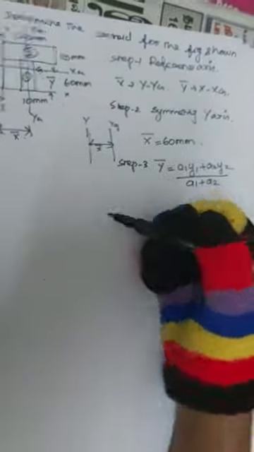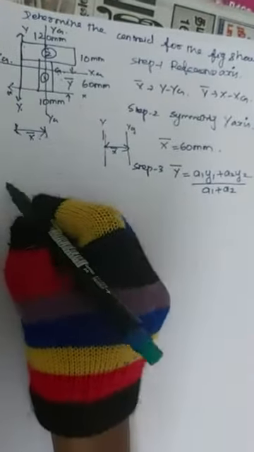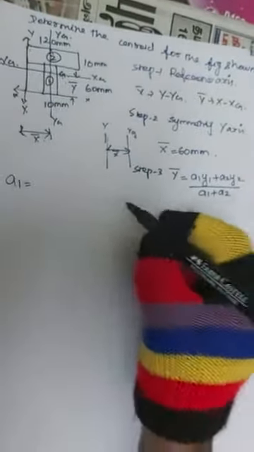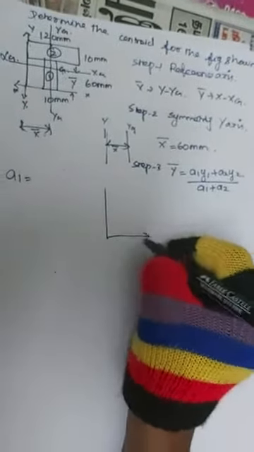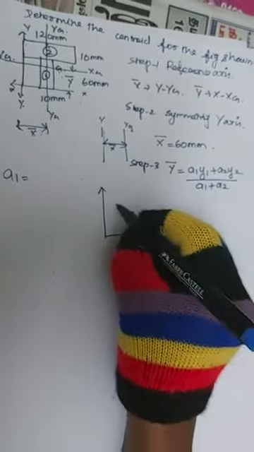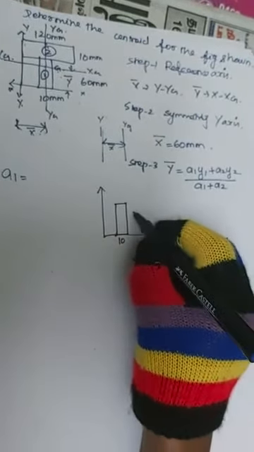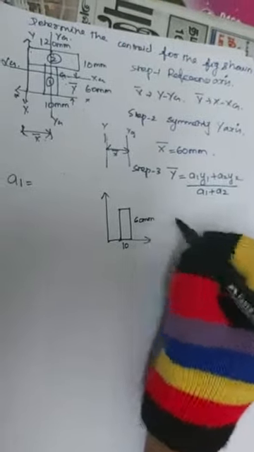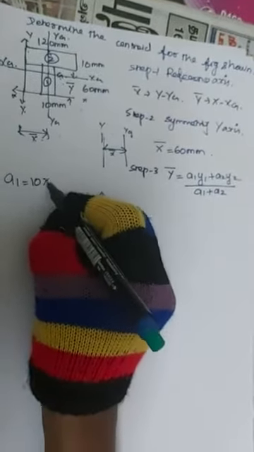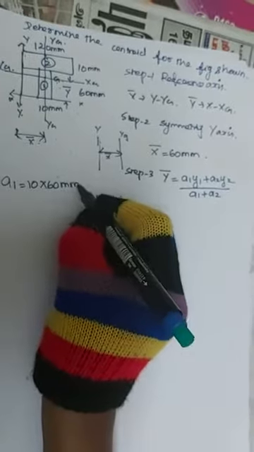Right? So what is a1 value? First rectangle. First I'll draw this one. This is my first rectangle, right? So this is 10, this is 60. So what is a1? 10 multiplied by 60 mm square.